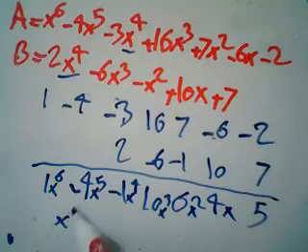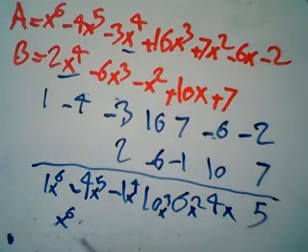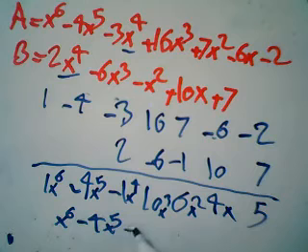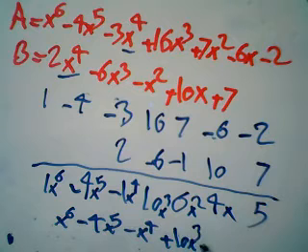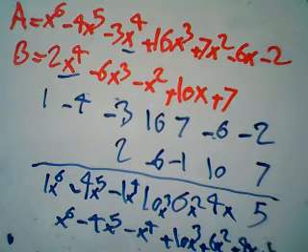So the result is this: x to the 6 minus 4x to the 5 minus x to the 4 plus 10x cubed plus 6x squared plus 4x plus 5.